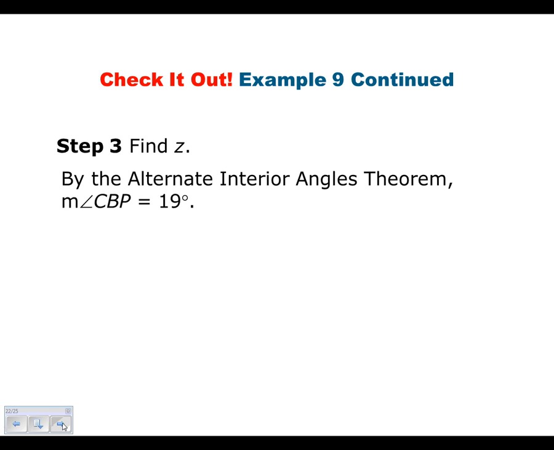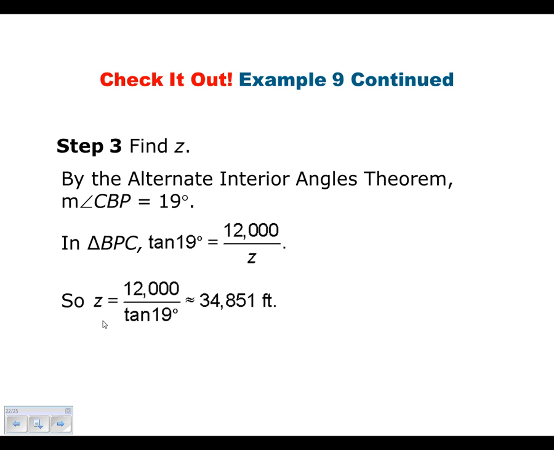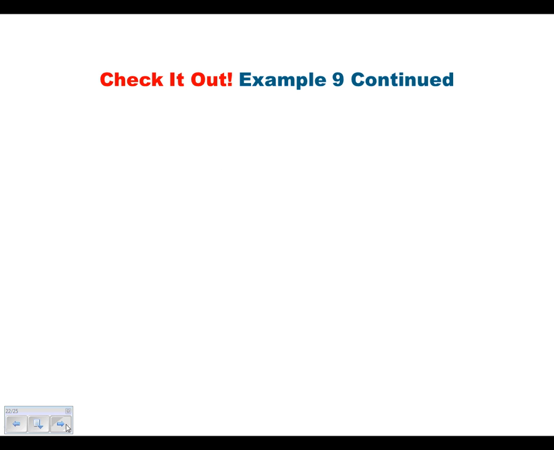Finding z. Angle CBA equals 19 degrees. So tan 19 equals 12,000 over z. Z equals 12,000 over tan 19, which equals 34,851 feet.